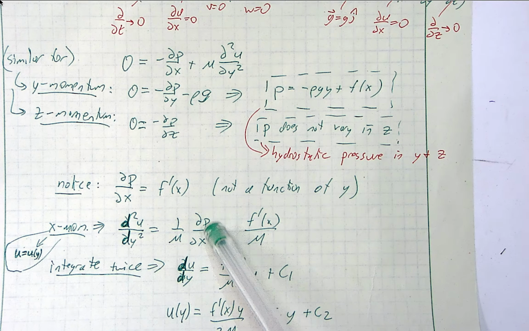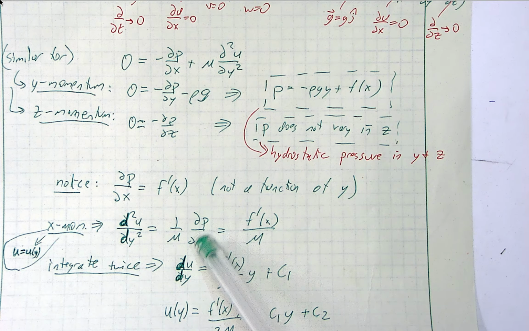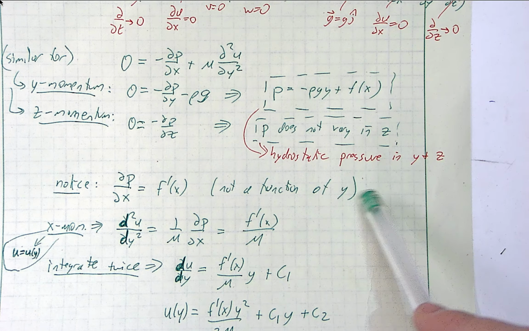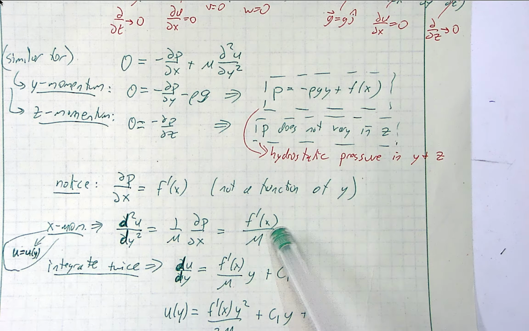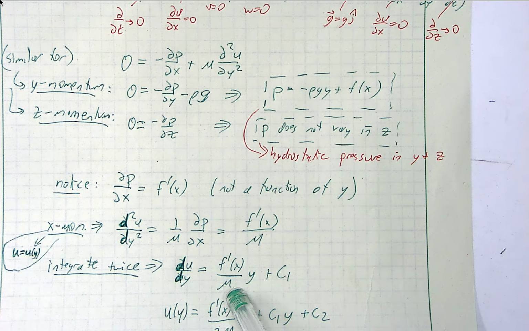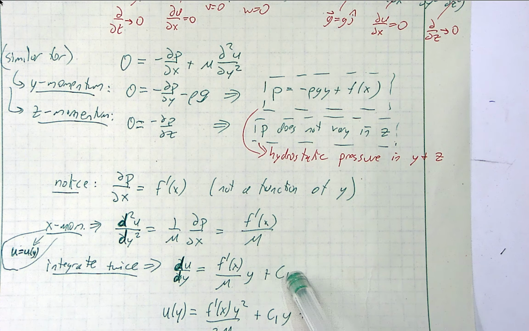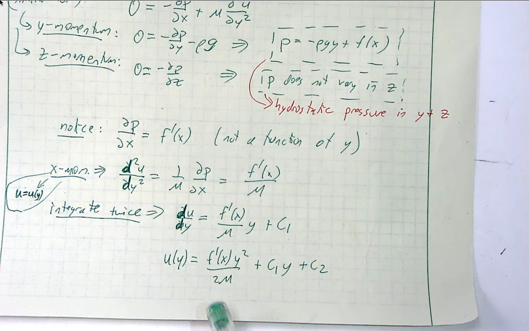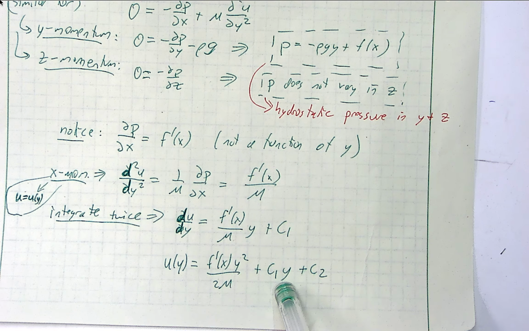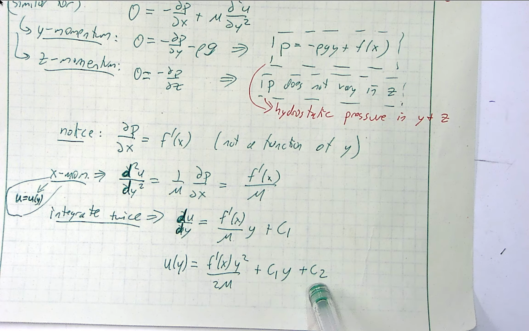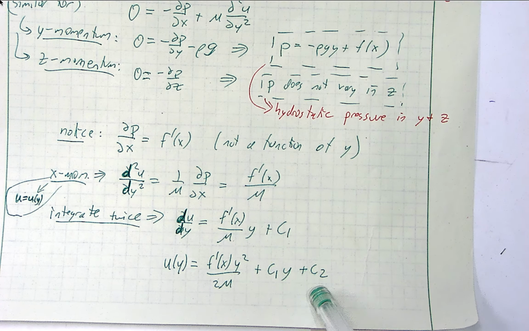Okay, so u only is a function of y. That's one thing to note. And then again, our notice here that dp dx is not a function of y allows us to treat it just as a function of x, and therefore when we integrate it once, we just hit it with 1 y and an integration constant. We integrate again. This y now goes to y squared over 2, and our first integration constant now is linear, and we now get a second integration constant.